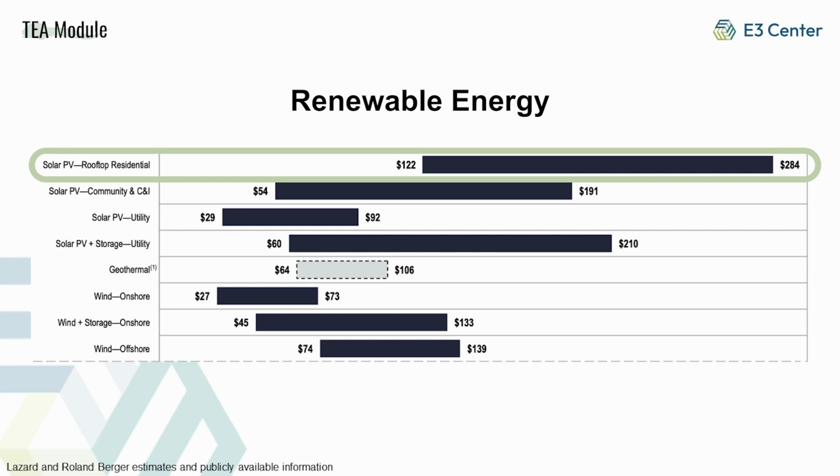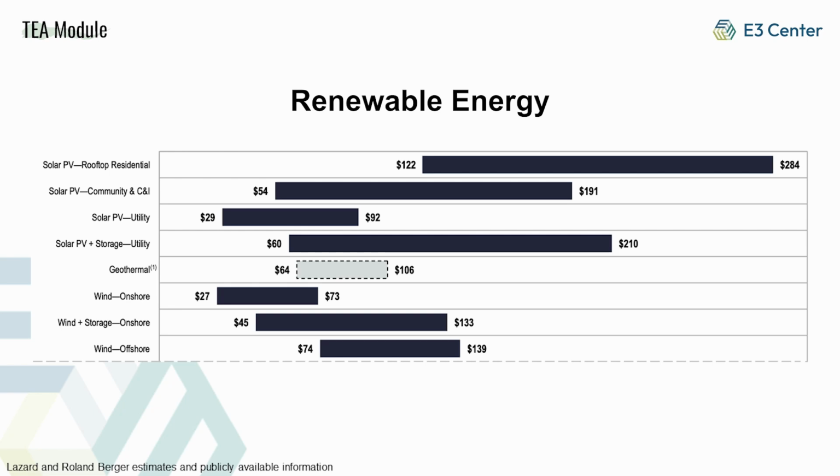As shown in this slide, utility-scale solar PV is significantly less expensive than rooftop residential solar, with an LCOE of only $29 per megawatt-hour compared to $284 per megawatt-hour for the latter. These stark contrasts highlight the economies of scale achieved in utility-scale projects.